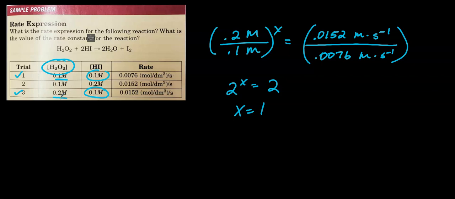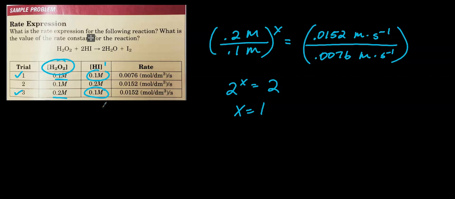Or if you double the concentration of HI, since it's first order, the rate will also double. Now, what if you have a reactant that's second order? Whatever you do to the concentration, the rate will change by the square of that change. So if you double the concentration of something that is second order, the rate will increase by a factor of 4.